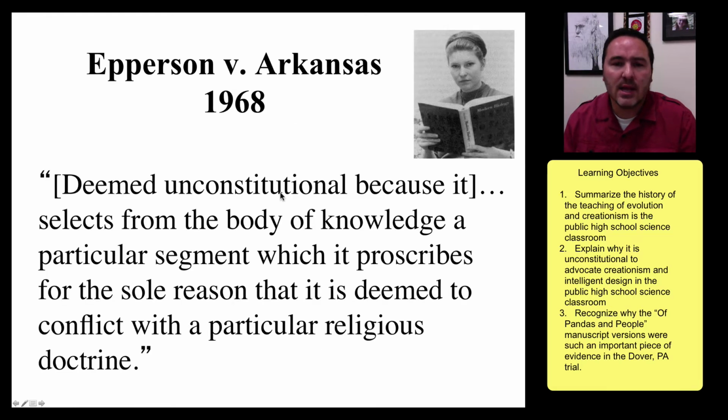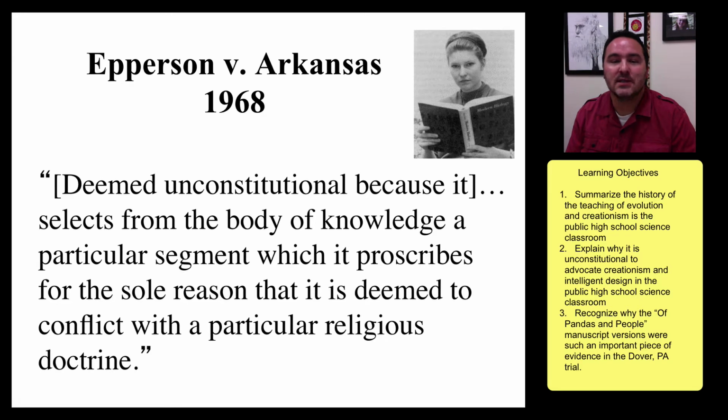It wasn't until 1968 that in Arkansas, a high school teacher by the last name of Epperson, figured here in the picture, thought that it was not correct that she could not teach evolution, and so she brought up a case against the state of Arkansas, and she actually won. The way that she won was really not that difficult.